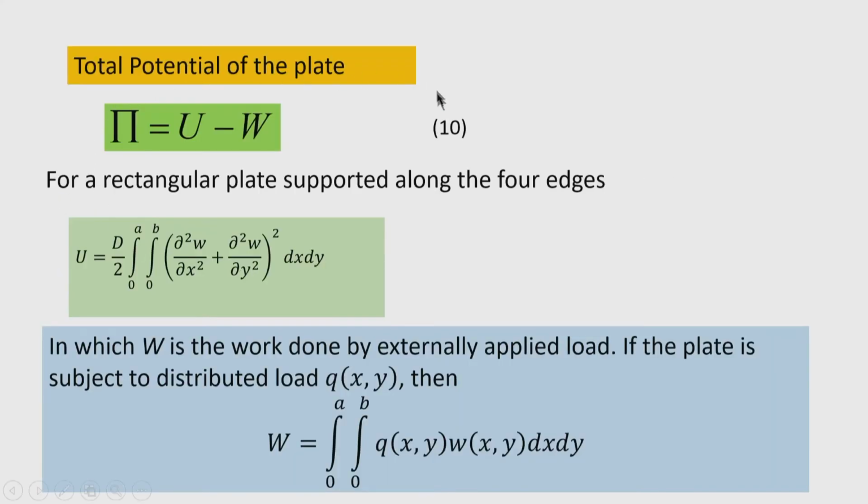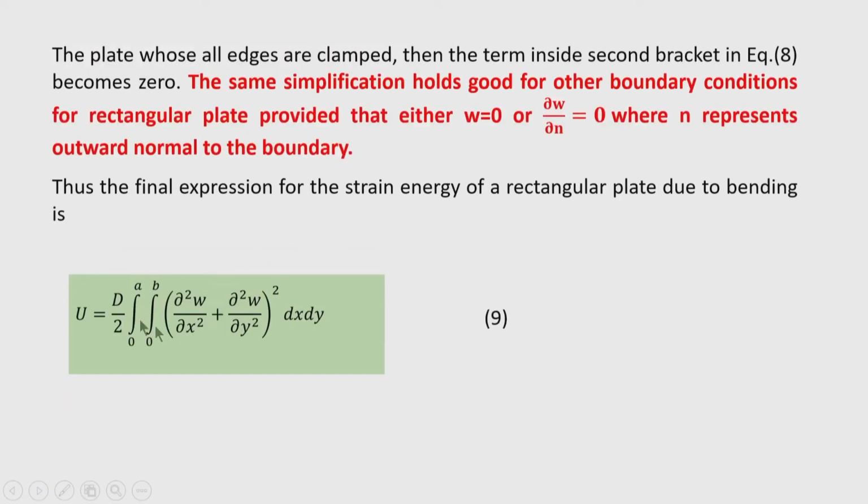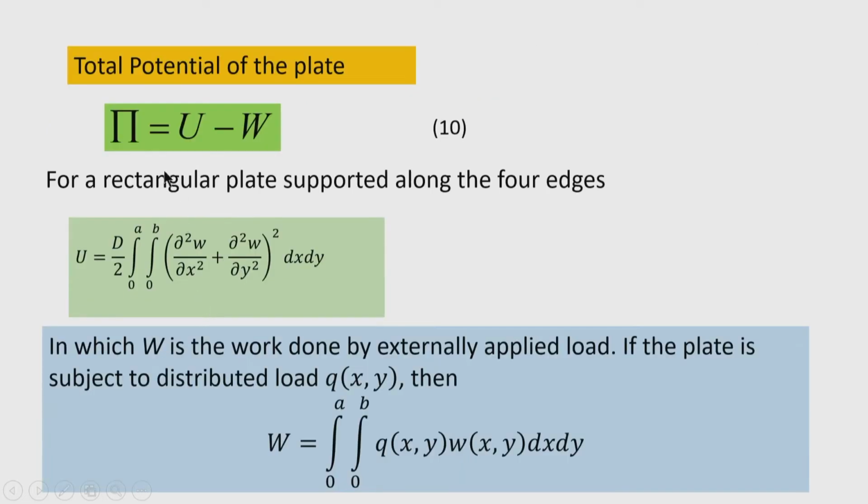So, knowing the strain energy expression for the plate or any structural element, whether it is beam or other elements, then we can find the total potential of the system. Here I am mentioning plate because the course is focused on the plate only, but this term that I have written, pi equal to U minus W, can be used for any type of structural element also.